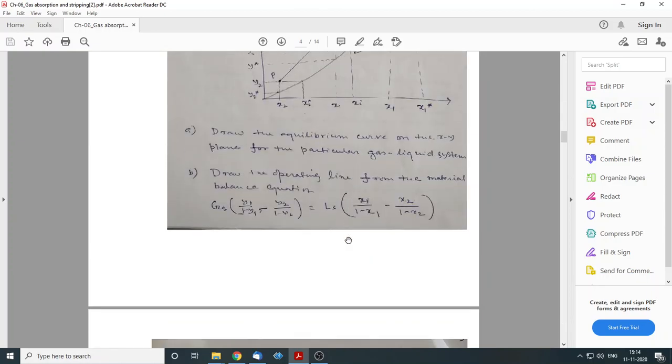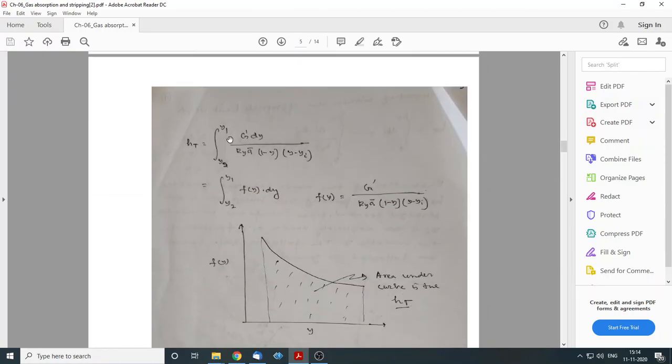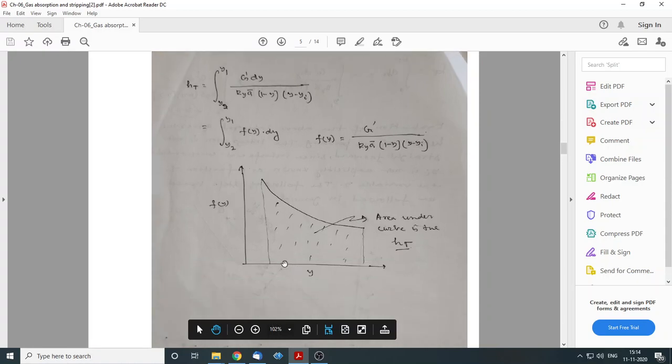Then we saw that height equals this total. If I take this as a function f(y), G dash over this, dy, then I integrate from y2 up to y1. At each point you calculate the function, because for each y value you will get yi.